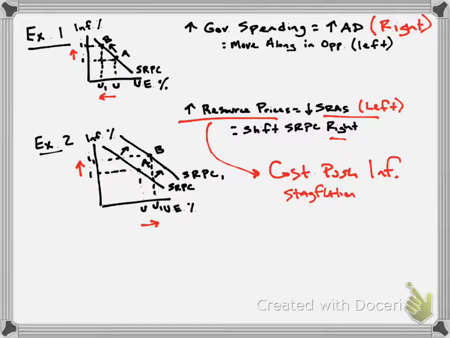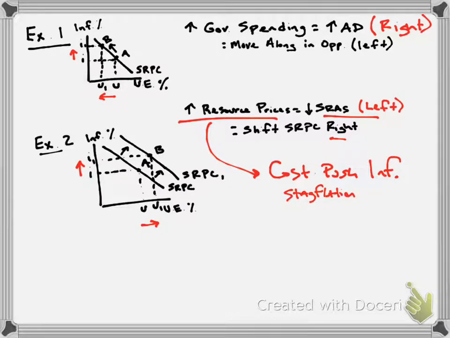Double whammy bad. Both bad scenarios. Okay? But those are two examples of how you would make changes using your Phillips curve. Okay? And if you can make that connection between changes in aggregate demand and changes in aggregate supply and your Phillips curve graph, I think it keeps the Phillips curve fairly simple to remember.